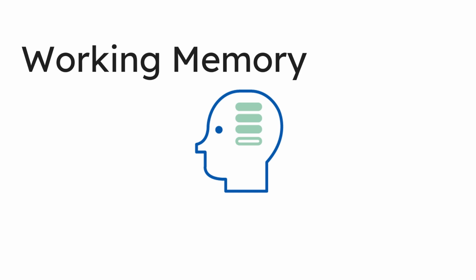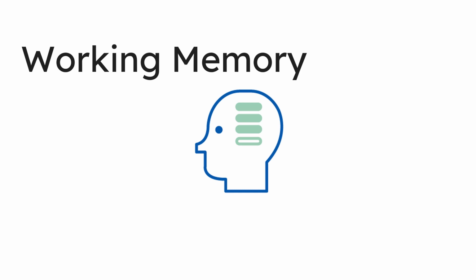Okay. As I said, working memory is quite limited, and it can hold about 4 to 7 things maximum, or like 10 to 15 seconds, unless we do something with it. So think of it like a container with a limited amount of storage, like a cup or a box.